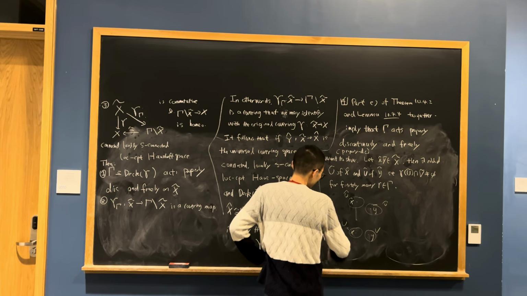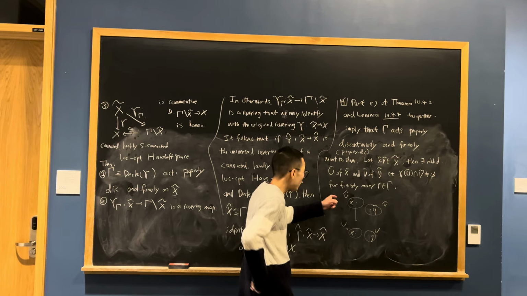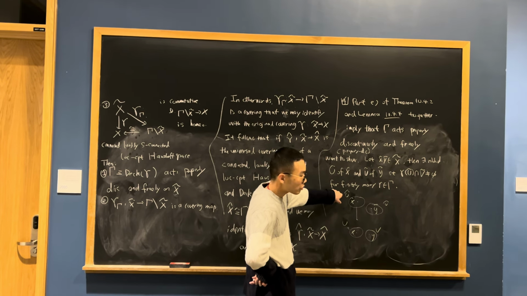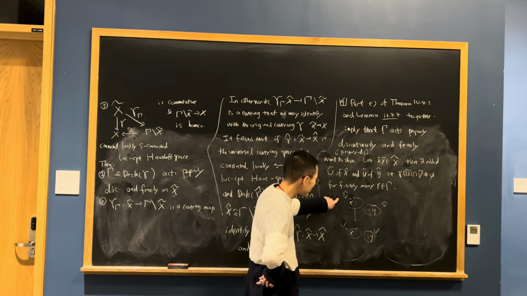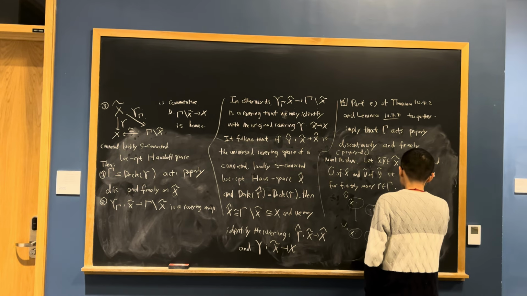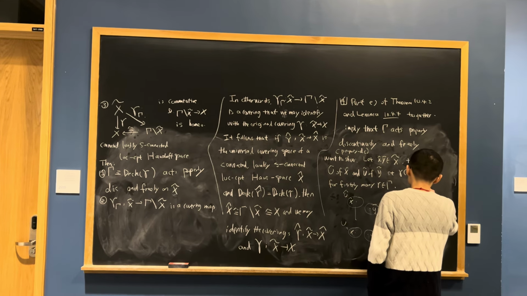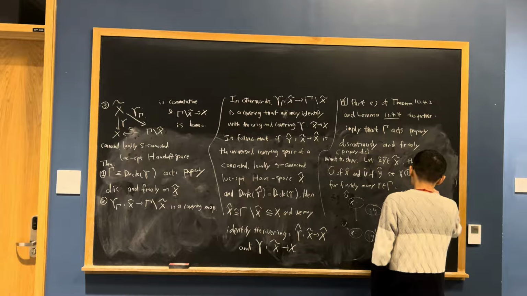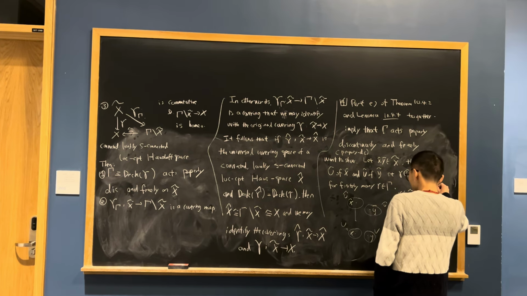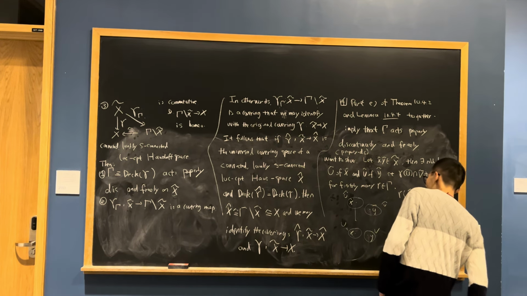Why do you get nothing? Because if you apply any element of the deck transformation to this U2, it would only lie in this, because gamma of this U2 must lie in gamma inverse of U, right?